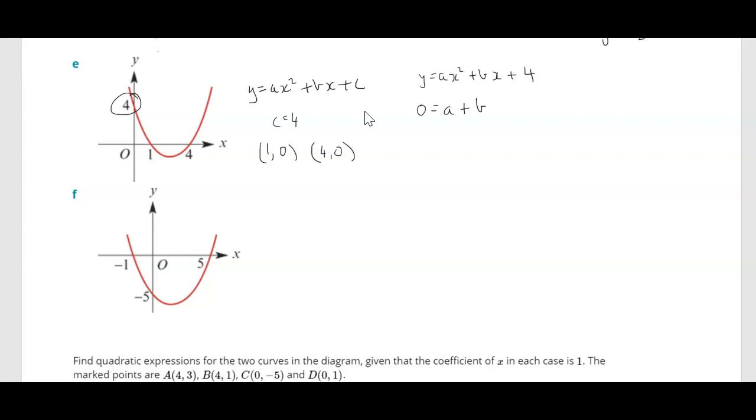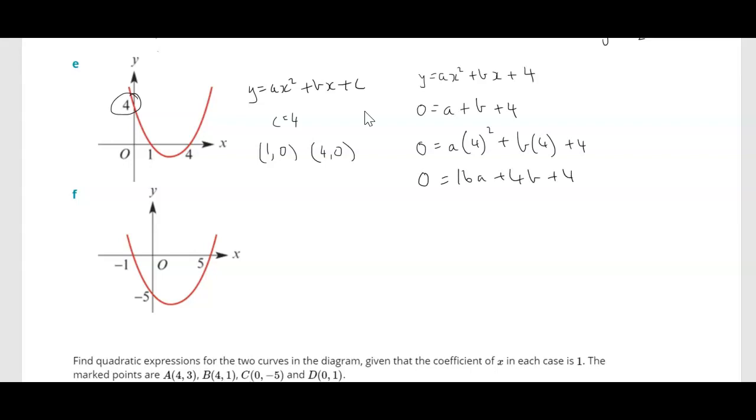And then I'm going to substitute in (4, 0), so I'm going to have 0 equals a times 4 squared. Probably didn't need to do that, could skip that step, but anyway. Oh, and I just noticed I forgot the plus 4. All right, so 16a plus 4b plus 4.